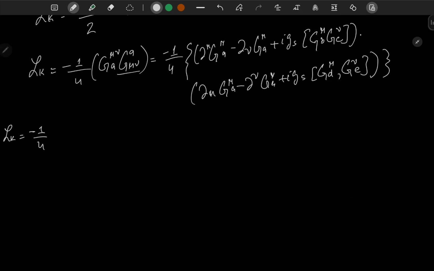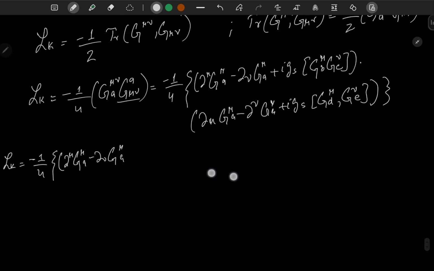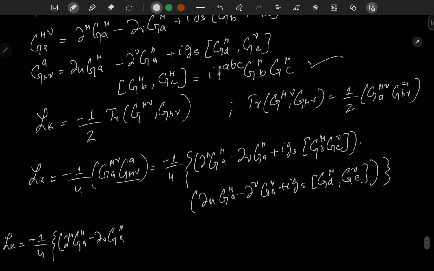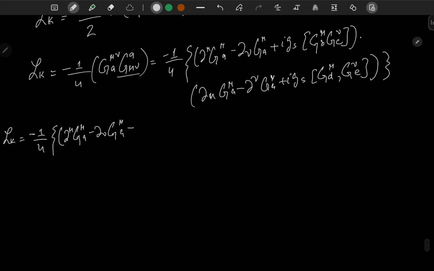So let's see: D_mu g_nu of A minus D_nu g_mu of A, and if I use this relation right here, the i's will give me a minus g_s f^{abc} g_mu of b g_nu of c.